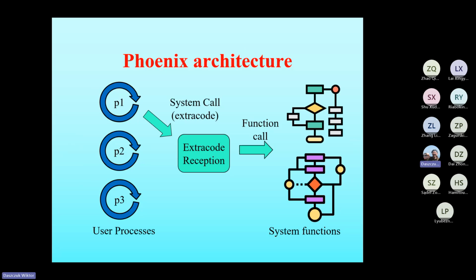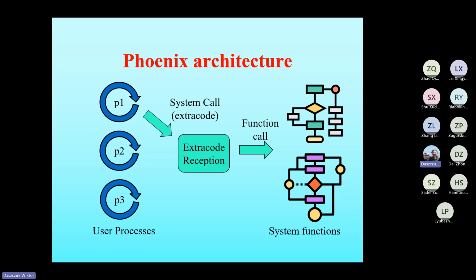So we have user processes that are running user programs, P1, P2, P3. And we have special code for initiating kernel operations on call from processes. Every syscall directs the control to this extra reception code, which judges what to do.